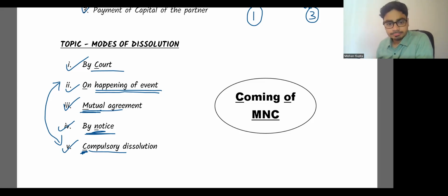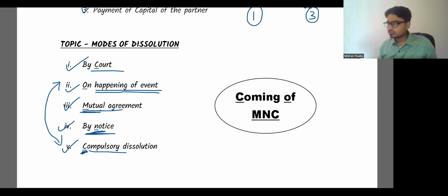The business is definitely closed because our business becomes unlawful. Even if we have millions and billions of customers, we cannot do the business because it is illegal.